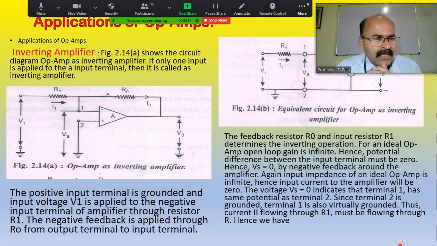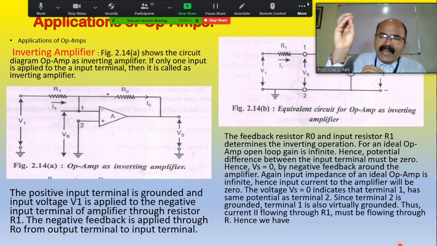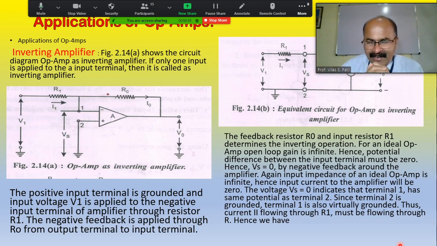Here, the first application of the op amp is the inverting amplifier. Inverting amplifier means that the output is connected back to the negative terminal, that is the inverting input terminal.